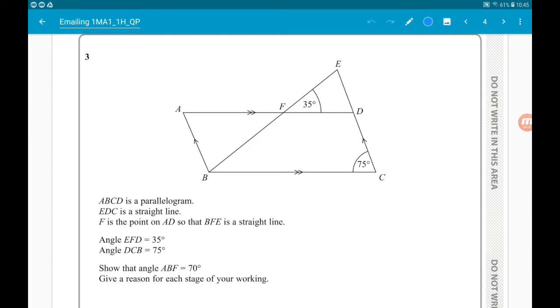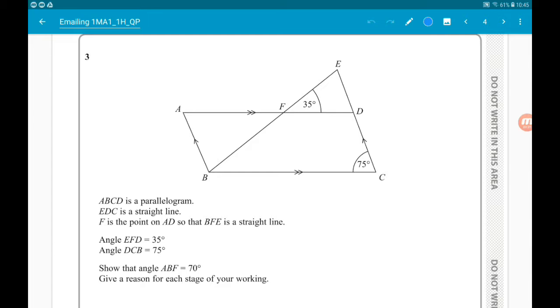Okay, number 3, some missing angle fun. So we've got ABCD is a parallelogram, EDC is a straight line, F is the point on AD such that BFE is a straight line, angle EFD is 35 degrees, angle DCB is 75 degrees.